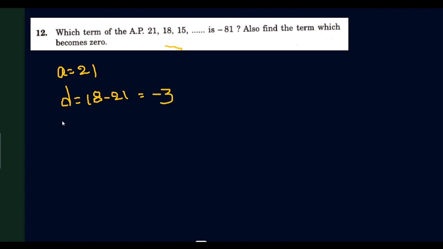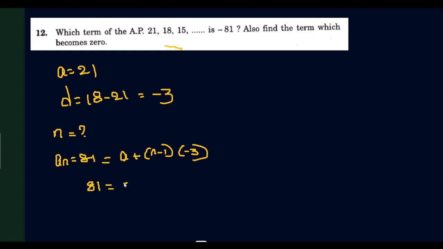And which term is minus 81? Okay, so we need to find n, where a n is equal to minus 81. We have a formula that a n is equal to a plus n minus 1 into d. What is d here? Minus 3, right? So simply substitute all these values.